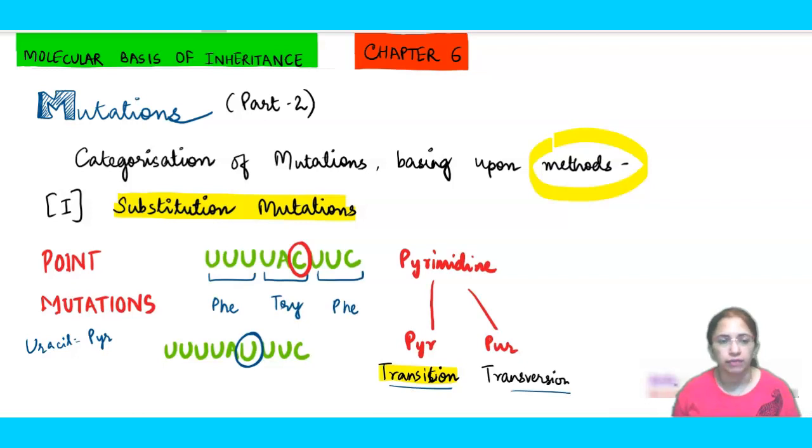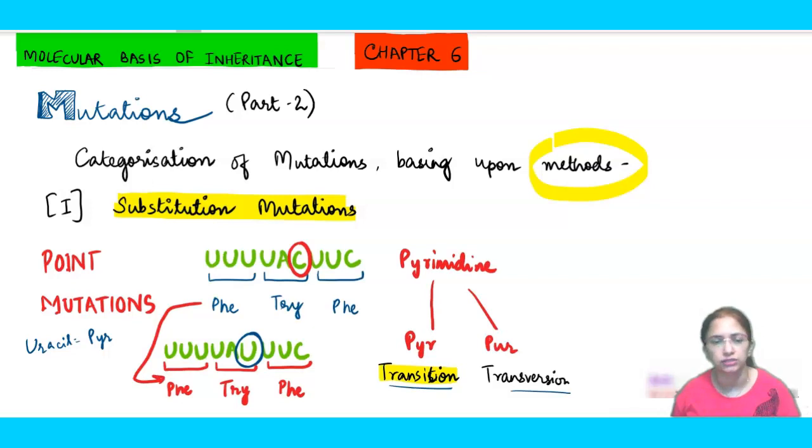Now we will see what is the impact of it. So here again we will collect the information like this. It will code for phenylalanine. UAU, luckily, will code for tyrosine only, and UUC will code for phenylalanine. See, there is no change in the amino acid sequence. It is just the same.